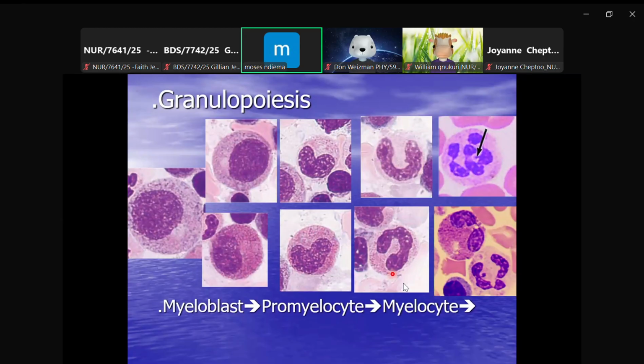Then more cells are produced that are immature in circulation, because the body senses that there is less oxygen, so it needs more red blood cells in circulation. Therefore the bone marrow produces more and more cells and pushes more immature cells into circulation. That is what we refer to as megaloblastic anemia.